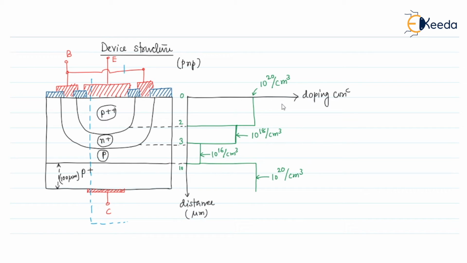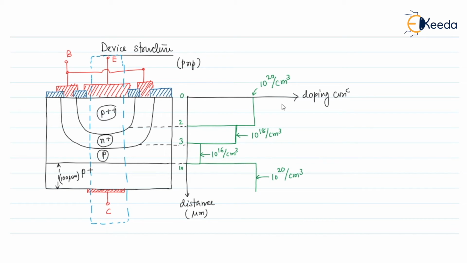Let us consider the cross section, this dotted region. If we draw the dotted region, then it will look like this.